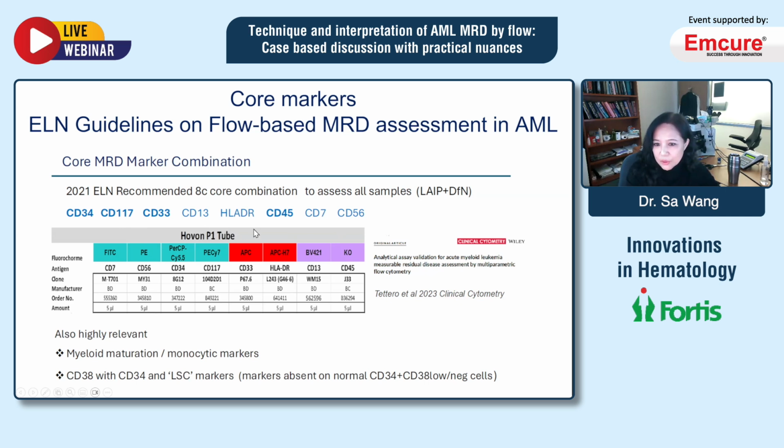You don't have good markers for monocytic leukemia, and you don't even have CD38 in there. But if you use a huge number of cases, you will see some significance. The ELN usually uses the leukemia-associated immunophenotype, the LAIP, in the majority of cases.